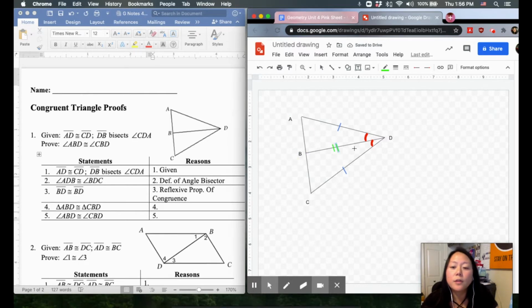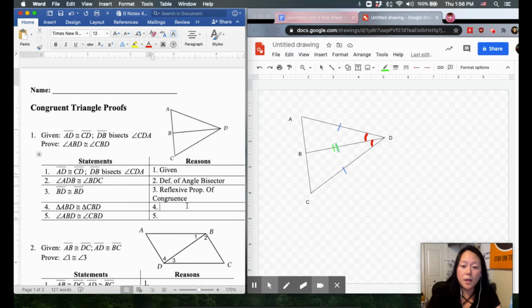And then if we compare triangle ADB with triangle CDB, we can see that they have 2 sides and an included angle that are congruent. And so we would say by SAS, because that's 2 sides, S's, and then the included angle, the A is in between the S's. So that would mean that the triangles are congruent.